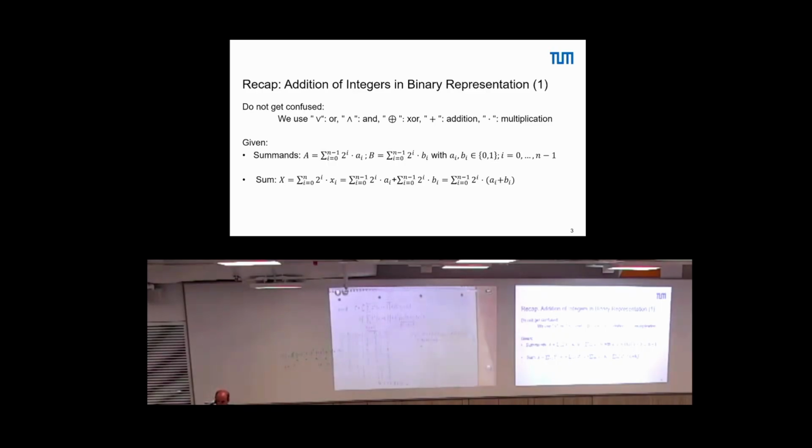Or I take for the right side, we make another equation which is Ai and Bi and Ci minus 1, or Ai bar and Bi and Ci minus 1. Okay? Yes?